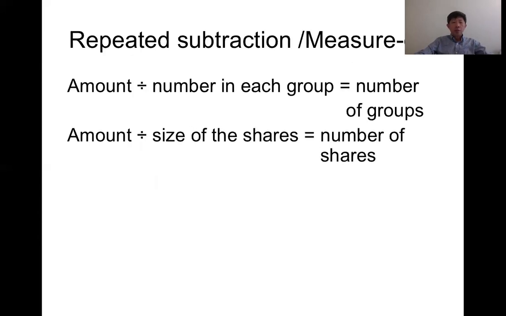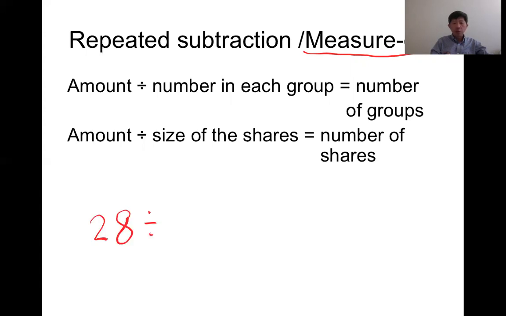Now, repeated subtraction we also call the measurement model, okay? Some books will say repeated subtraction, some books will say measurement. So it's amount divided by number in each group equals number of groups. I have 28, that's the amount.